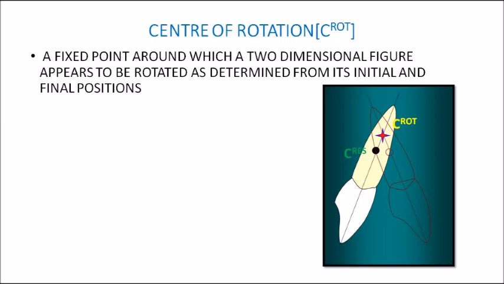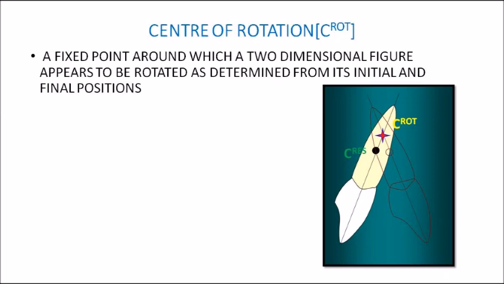Now one more important terminology is the center of rotation, which is denoted as CROT. This is a fixed point around which a two-dimensional figure appears to be rotated, as determined from its initial and final position. So it's a point around which a tooth rotates. Please note this picture. You can see the initial position of the tooth noted in a black, shadow-like line. Then there is a final, retroclined position of the tooth.